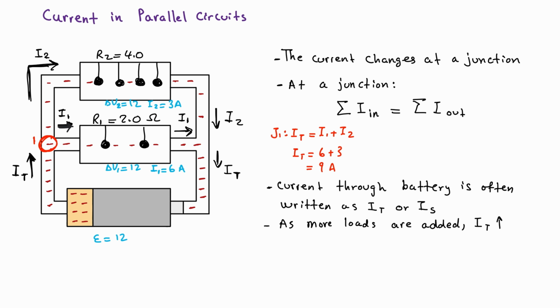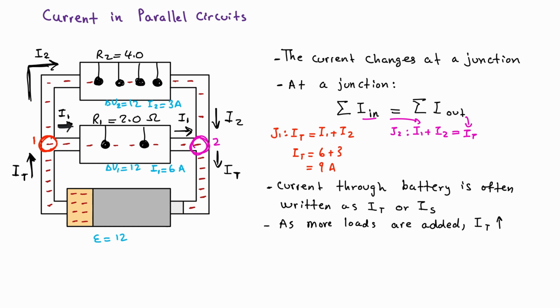I can also do this the same way with the other junction, this one, and I should get the exact same value. So for junction 2, the currents that go into this junction are I2 and I1, and IT is coming out. So I1 plus I2, whatever goes in, will equal whatever goes out, which is IT.